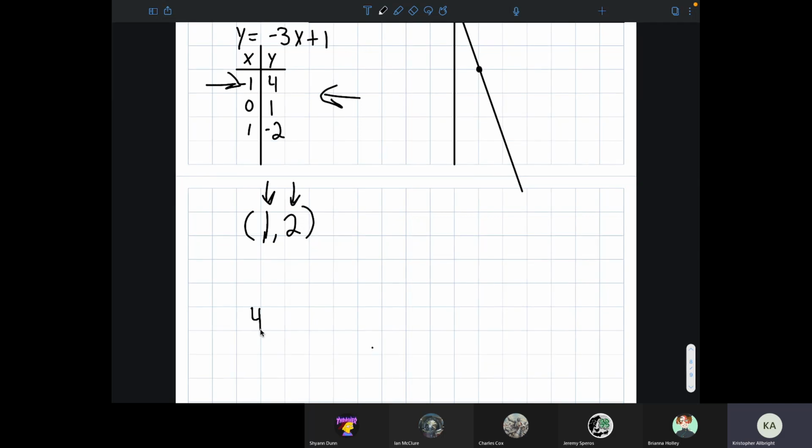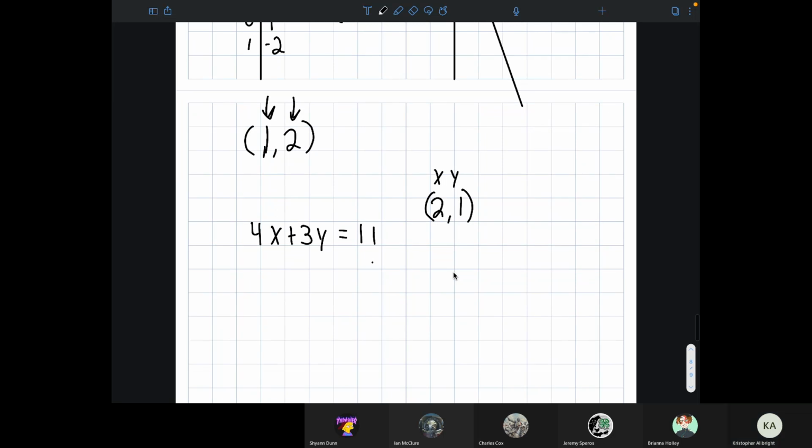So 4x plus 3y equals 11. And it says, okay, is 2, 1 a solution? So what we do is we plug in 2 and 1. We plug this in for x and we plug this in for y, and we see what happens.